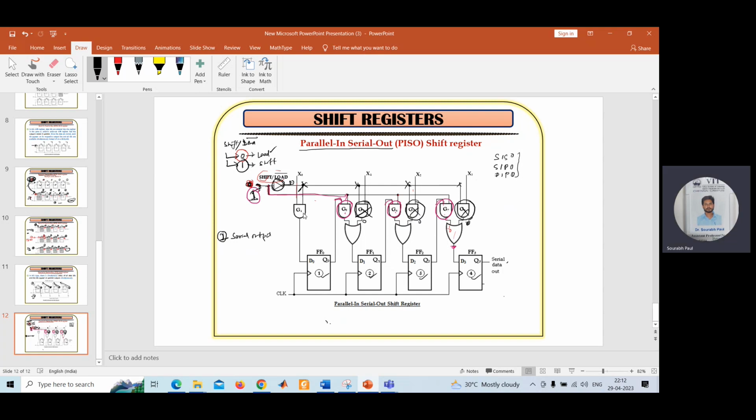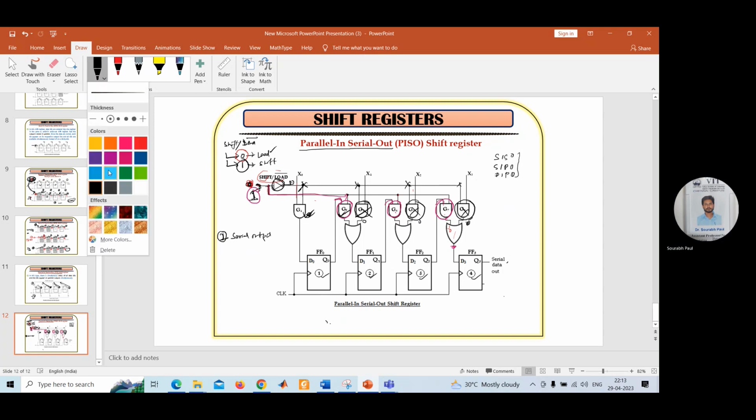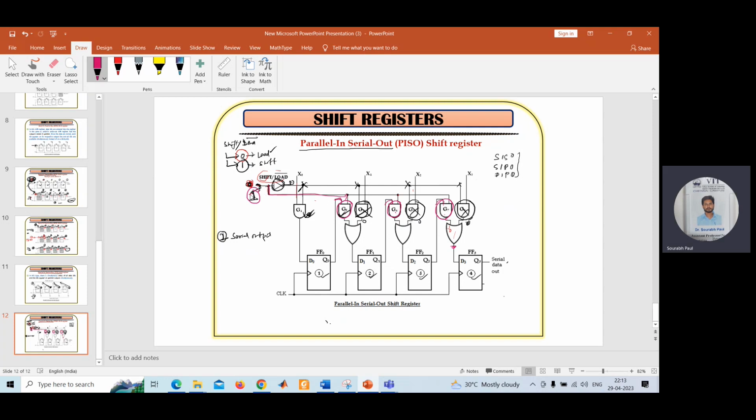So only G5, G6 or G7 can be working, because one of the inputs of these gates is connected to 1. So the other input will be the output of these gates, and that will by default come to the output of this OR gate.